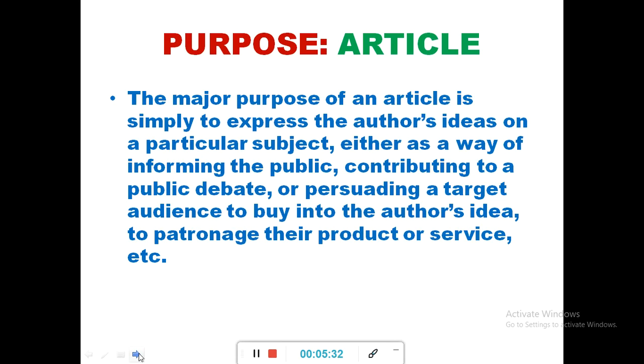But basically, an article is written to be published in a newspaper, magazine, or journal, and that is exactly what it is. The purpose of an article could also be to enhance one's profession.